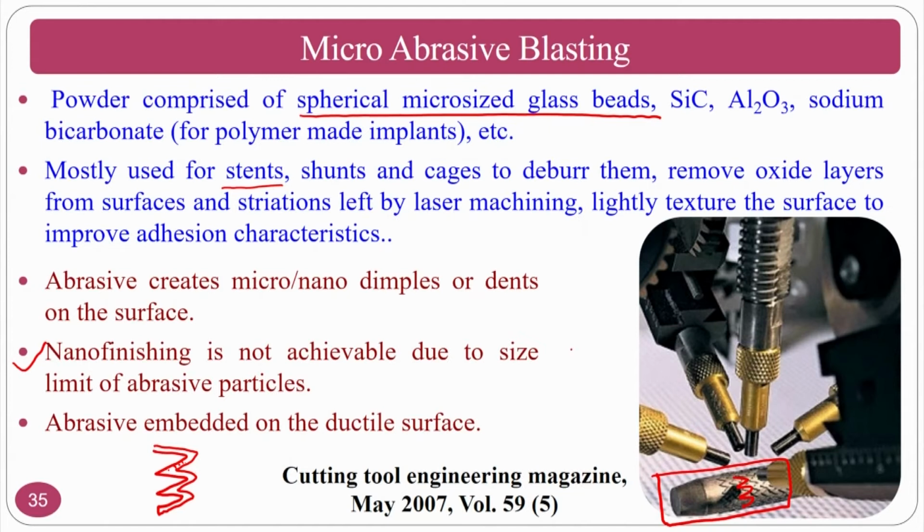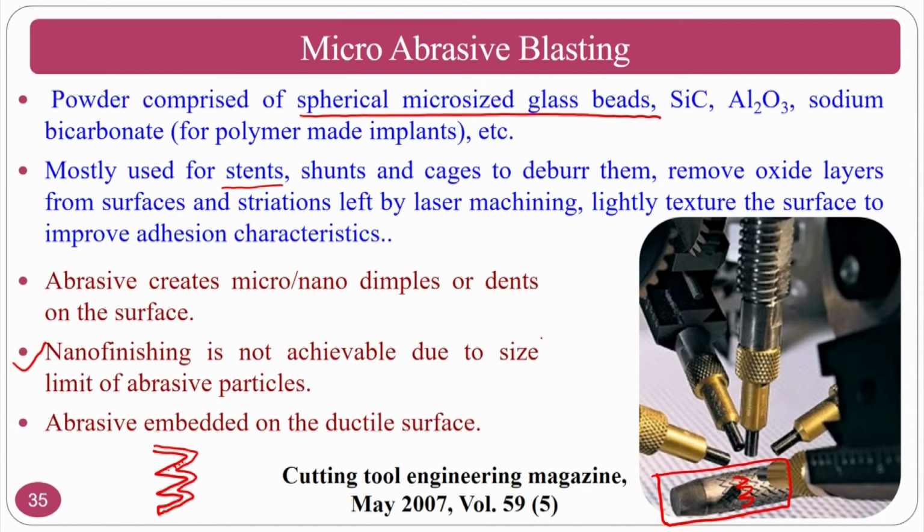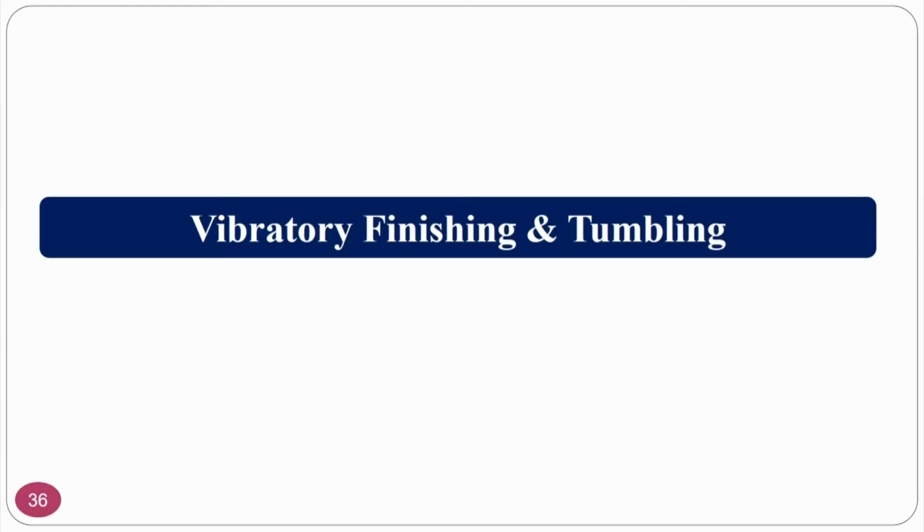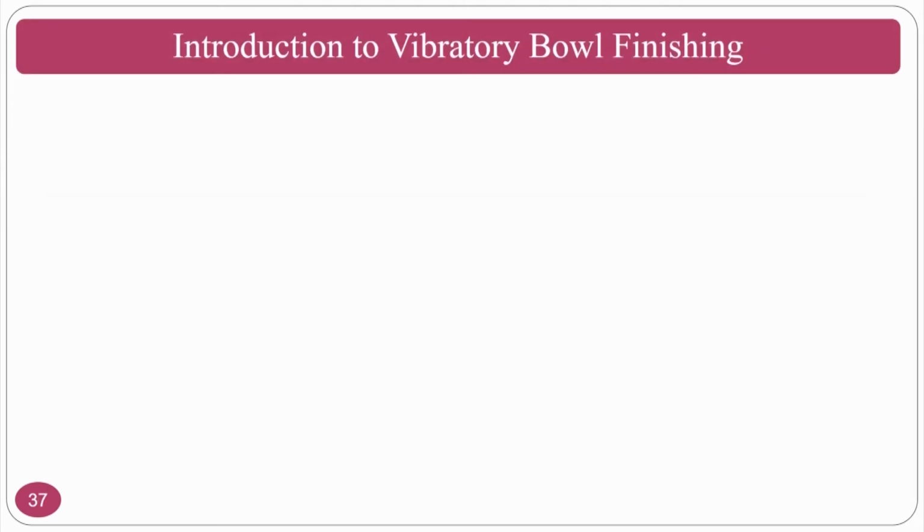This is about sandblasting, and one of the advancements is micro sandblasting or microabrasive blasting. In microabrasive blasting, you don't use sand, you use a sophisticated medium like silicon carbide, alumina and so on. Next, we are going to the vibratory finishing and tumbling process.